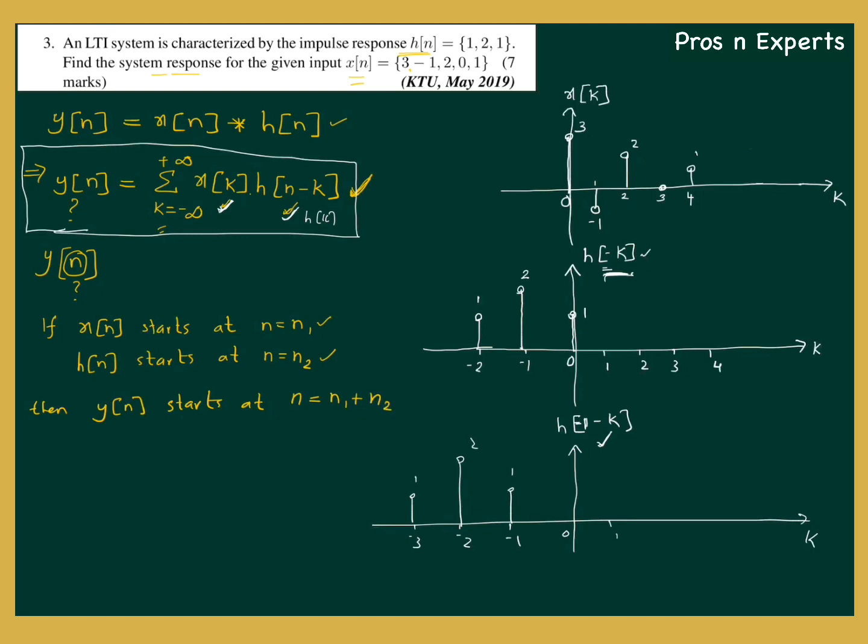So we have to evaluate y of n starting from n equal to n1 plus n2. So in this problem, what is n1? Actually, x of n is 3, -1, 2, 0, 1. So it starts at n equal to 0. Okay, the first sample is 3, that starts at n equal to 0.